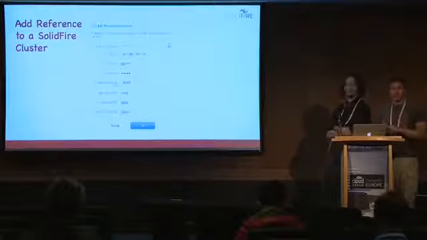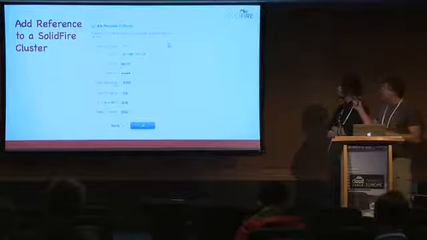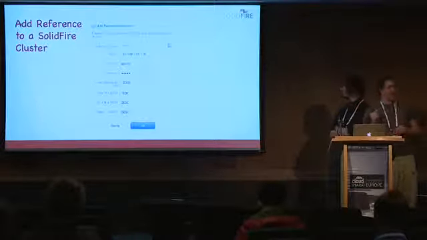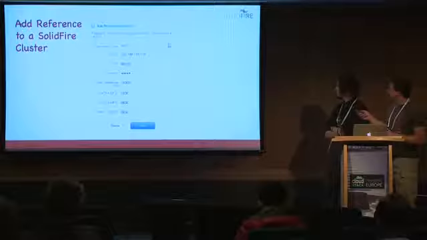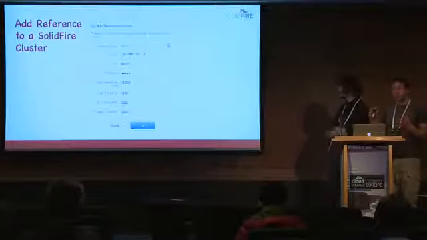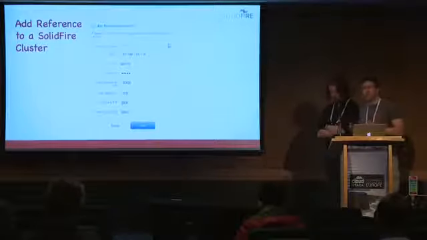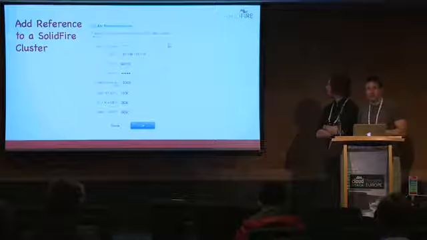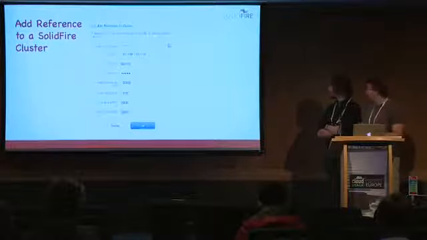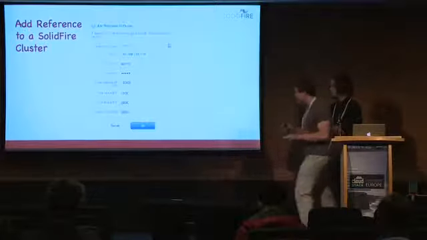So at this IP address, this username, this password, this is what we want to be able to talk to. The other pieces of information are around quotas. So trying to control off of this particular SolidFire cluster how much capacity can be drawn from it, and how much in terms of IOPS. So again, I'm going to be careful here.